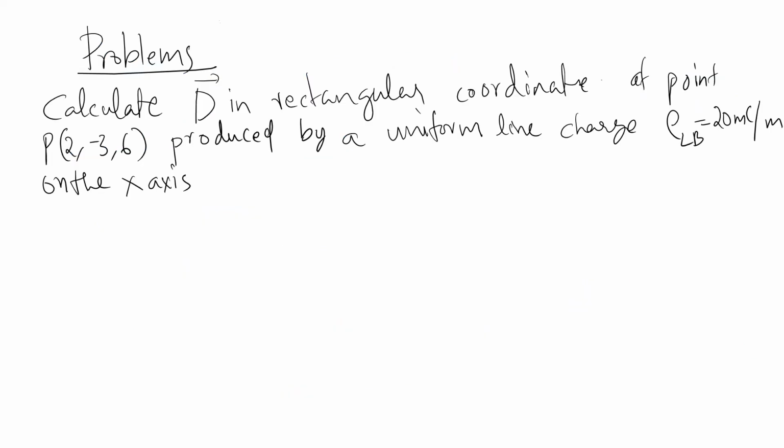So the next question is calculate vector D, flux density in rectangular coordinates at a point P, 2, minus 3, 6, produced by a uniform line charge rho L is equal to 20 millicoulomb per meter on the x-axis. So we know that the general expression for E is rho L by 2 pi epsilon 0 rho a cap, and when the line passes through the x-axis, we have discussed this one, that expression will be rho L by 2 pi epsilon 0.